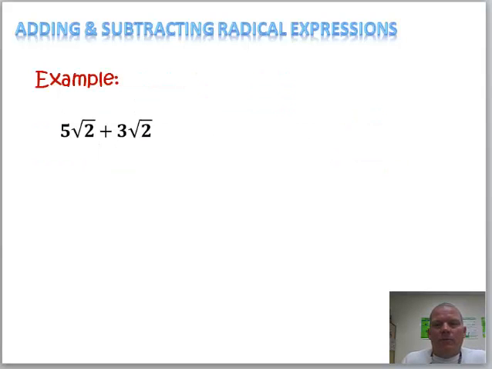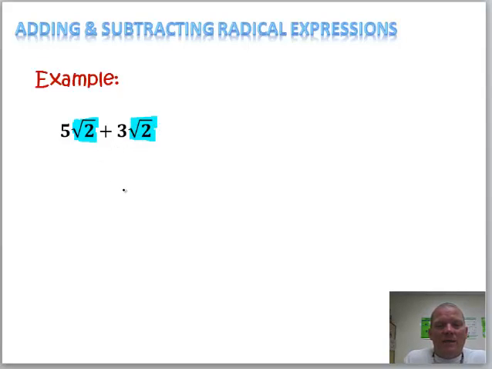All right, our first example is 5 times the square root of 2 plus 3 times the square root of 2. Now before I can add this, I want to go through and make sure that my radicals are exactly the same. And if I look, the first term has the square root of 2, and the second term has the square root of 2 also. So these are already like terms.